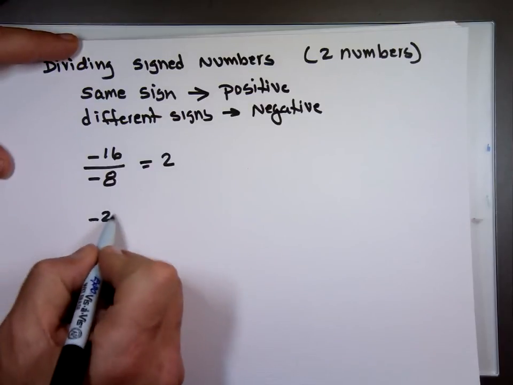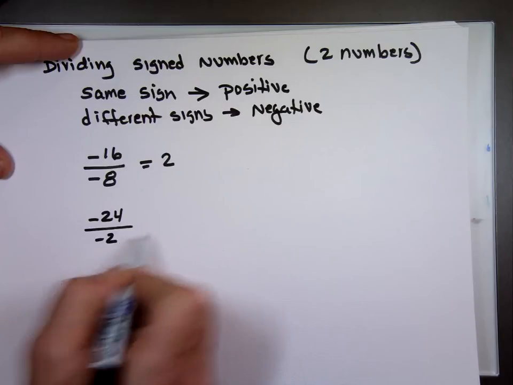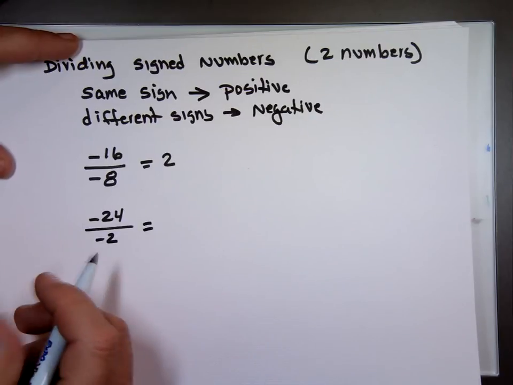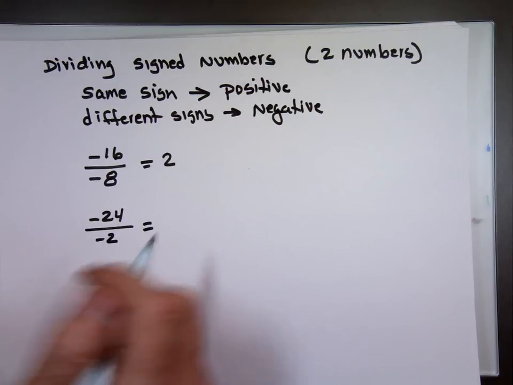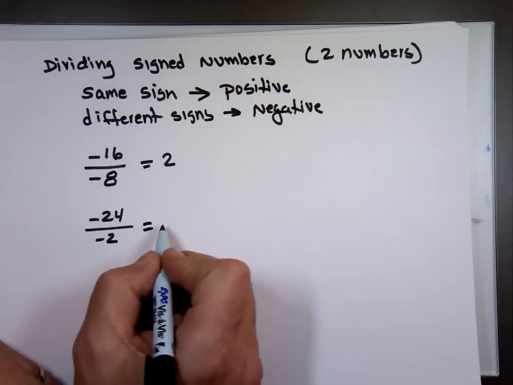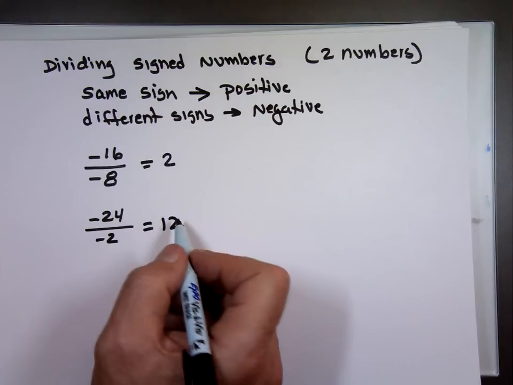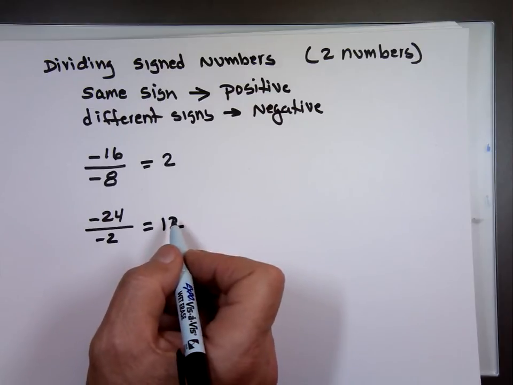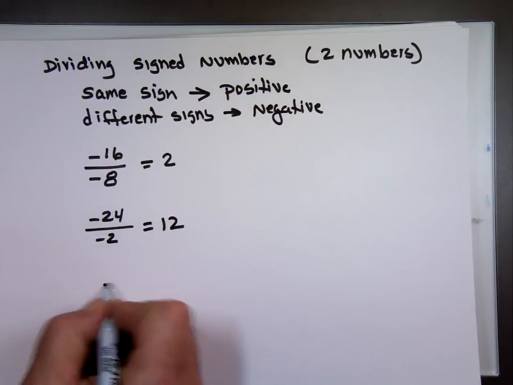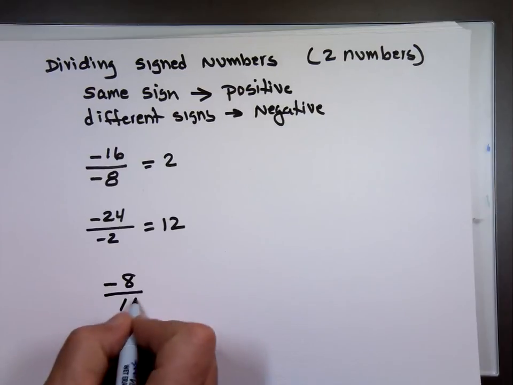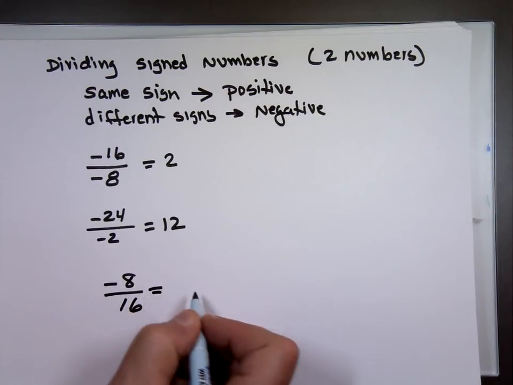Negative 24 divided by negative 2. Is that the same sign? Positive. Positive what? 12. Negative 8 over 16. Positive or negative? Negative.